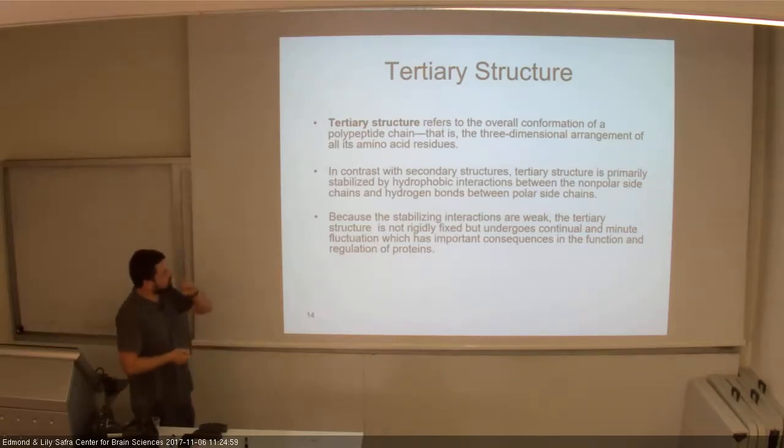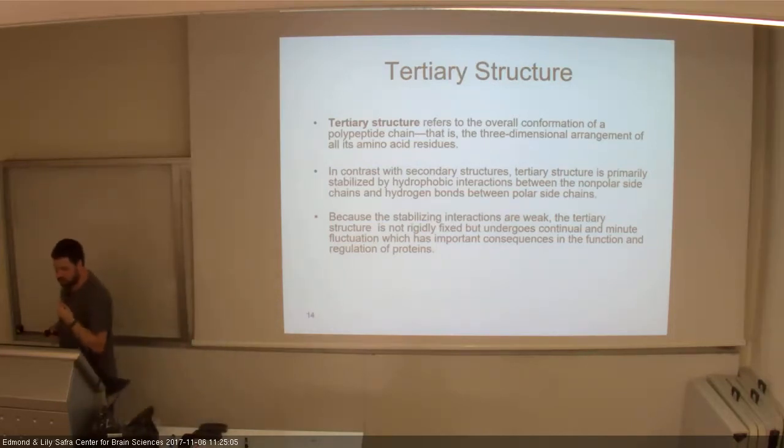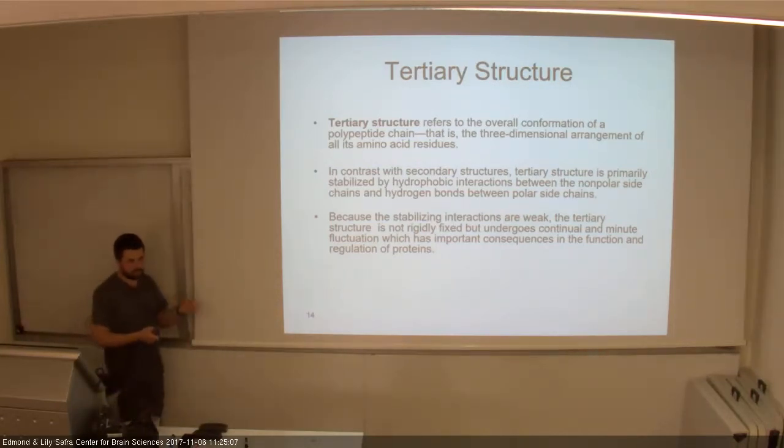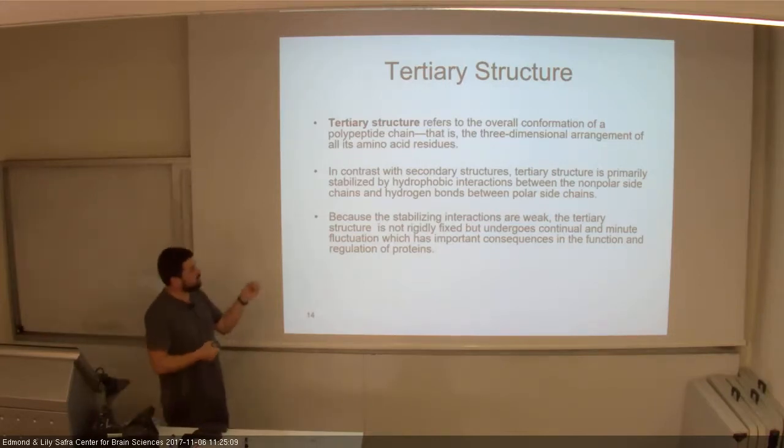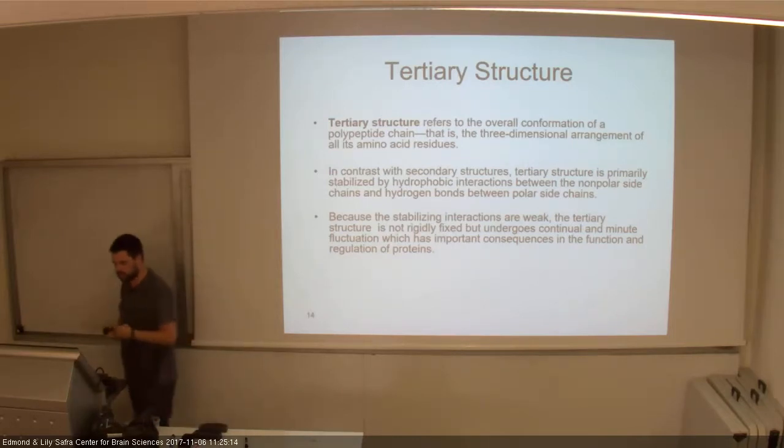So, in contrast with the secondary structure, this structure really very much depends on the identity of the amino acids. The identity of the amino acid will determine in which way the protein will fold.